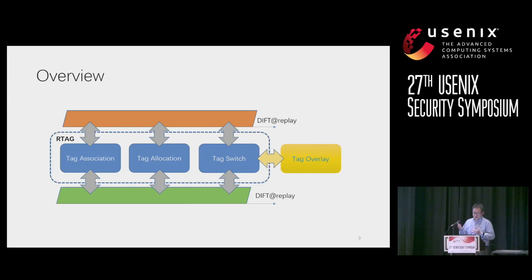Our tag allocation optimally calculates the tag size that is minimally needed in every DIFT task, and we use a tag switch technique to allocate a locally symbolized tag for each DIFT task. Finally, our tag overlay is going to aggregate these results and return the final result of the analysis.